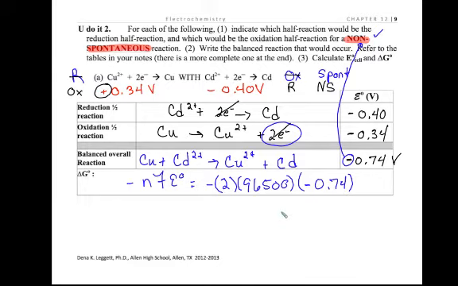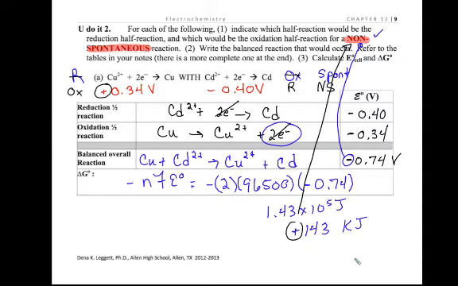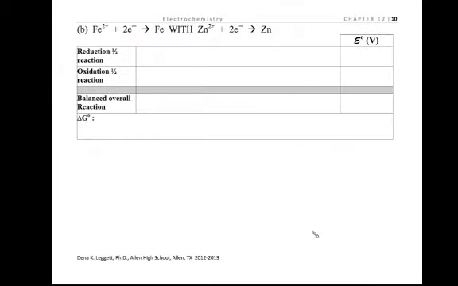And once I calculate this, you get 1.43 times 10 to the 5th joules, which is 143 kilojoules, and positive. And you notice again, that sign is further evidence that we did it correctly because a positive delta G is non-spontaneous.